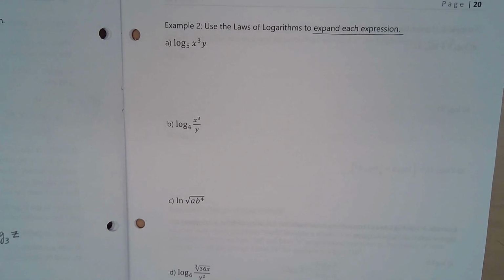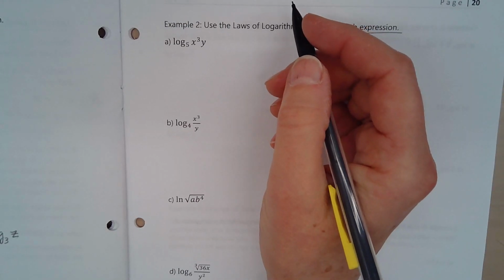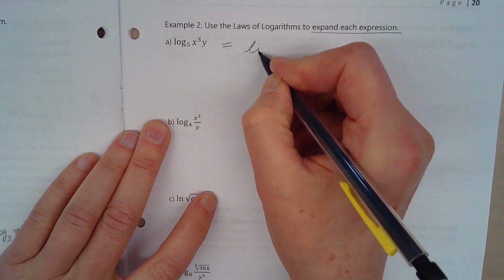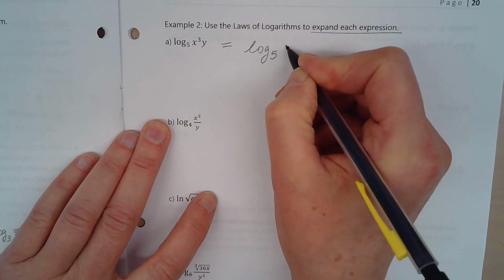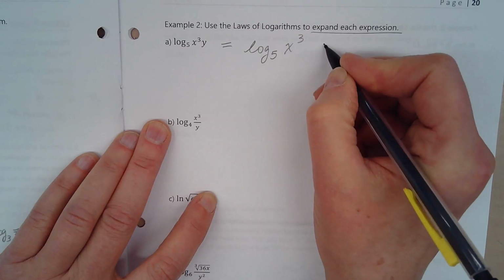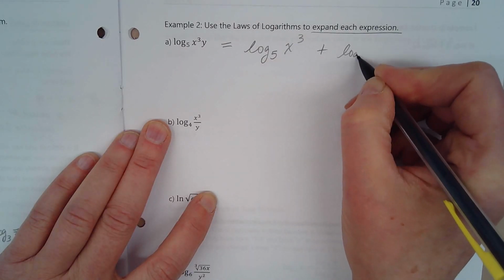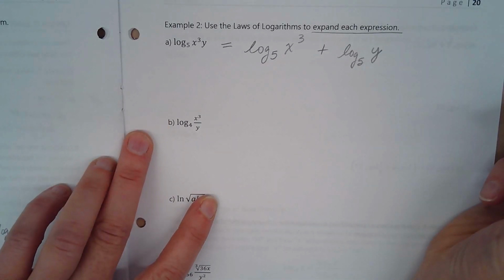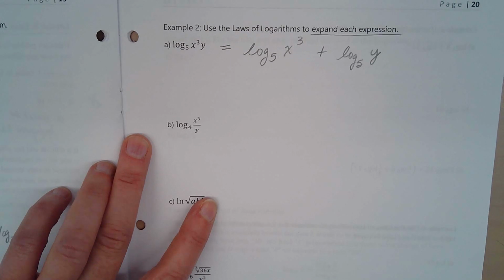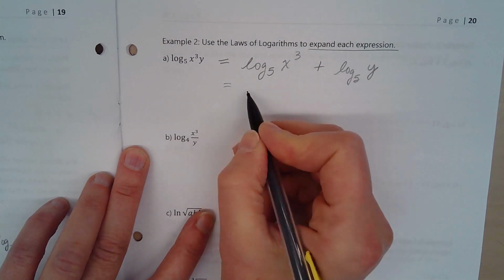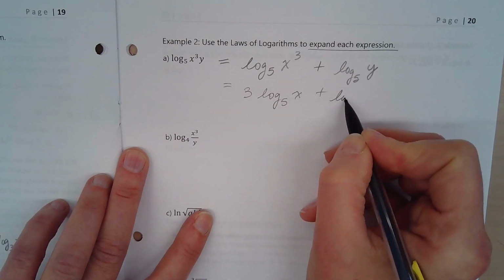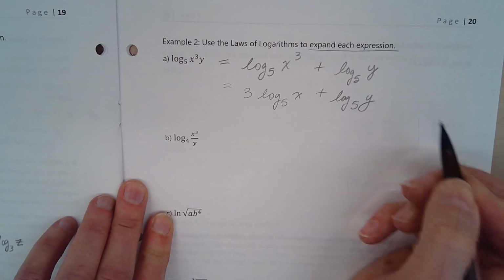First thing, did you get log base 5 of x cubed plus log base 5 of y? One last step. What's the last thing we can do to expand as much as we can? Drop the 3 down as a coefficient. Great.